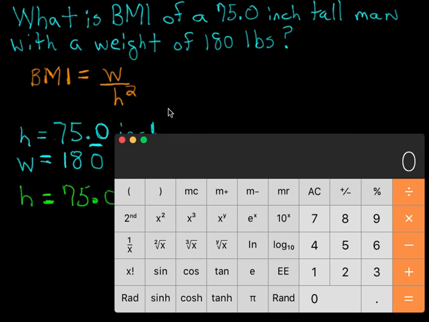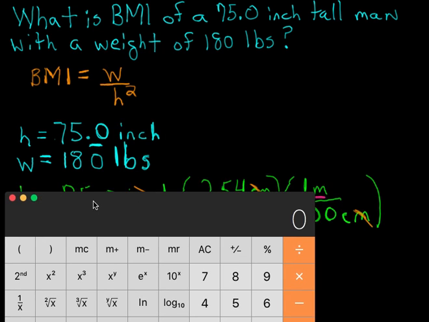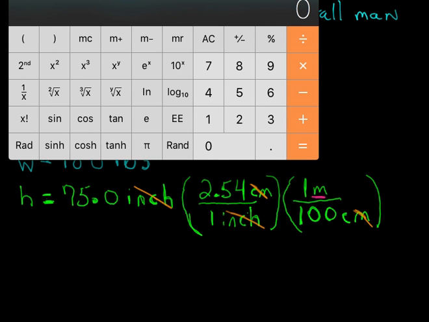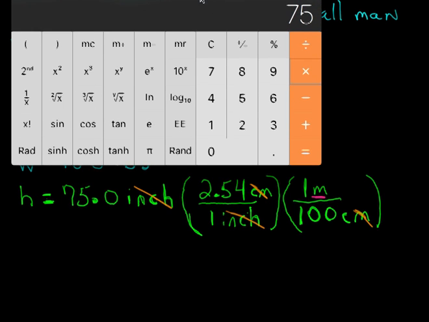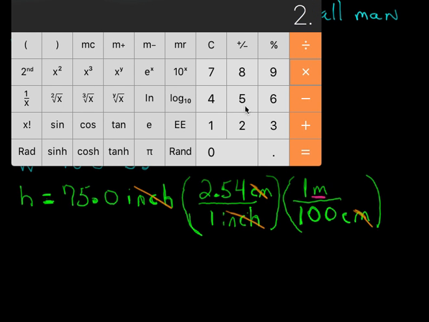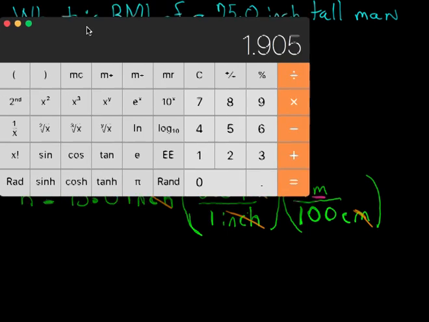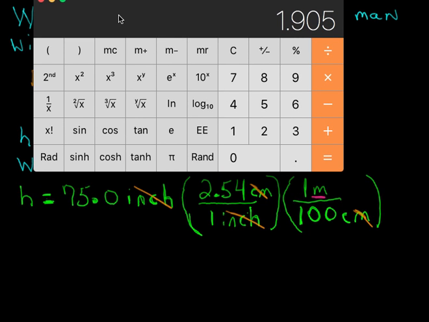Multiplications and divisions are of equal order of operations, so we can move from left to right. I have 75 times 2.54 divided by 100, and that's 1.905 meters.